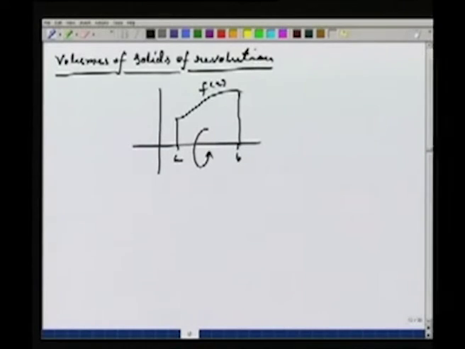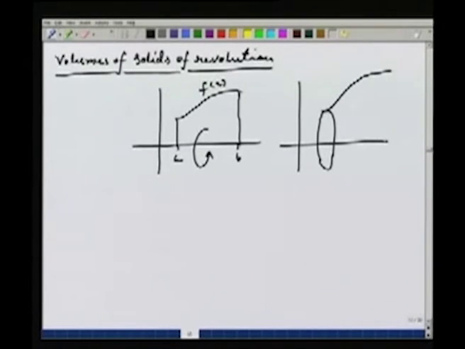If I do this, it will form a solid which will look like this. So we want to find the volume of this solid.